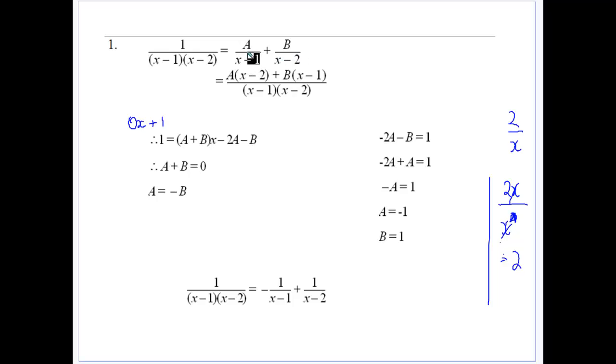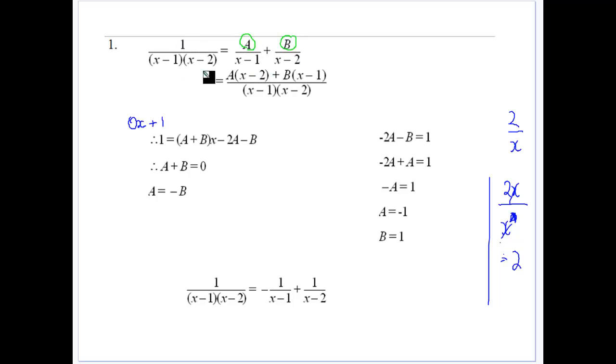So if it's going to be a fraction there, the numerator can't be a linear expression; it has to be of a degree less than a linear function, and that can only be a constant. So that's why we just put a constant A over x minus 1 and a constant B over x minus 2. It has to be able to break down to that. Our key is to try and find what A and what B will be here.